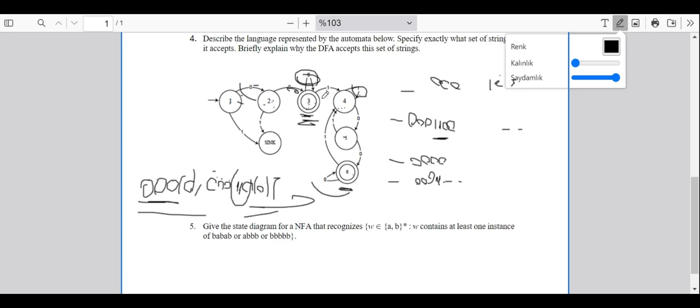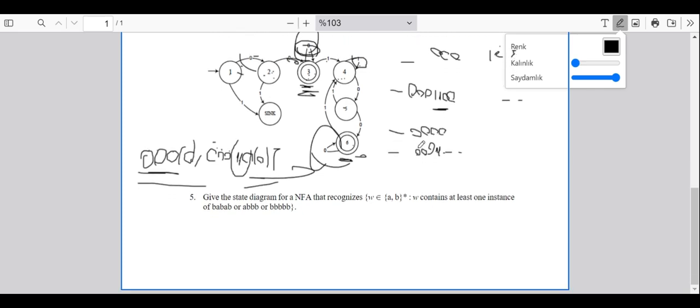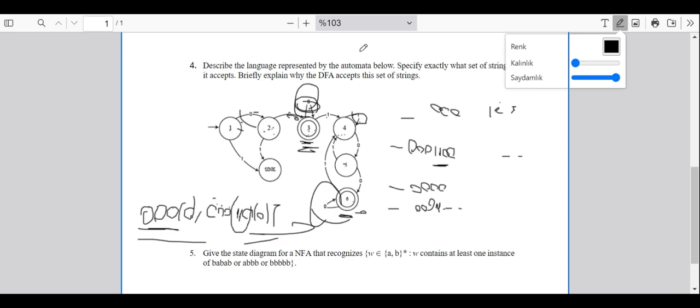In states 3 and 6, additional zeros can be added and still be accepted. Therefore, this DFA recognizes and accepts strings with these specified characteristics, defining the described language. Okay, this is the answer of the question.